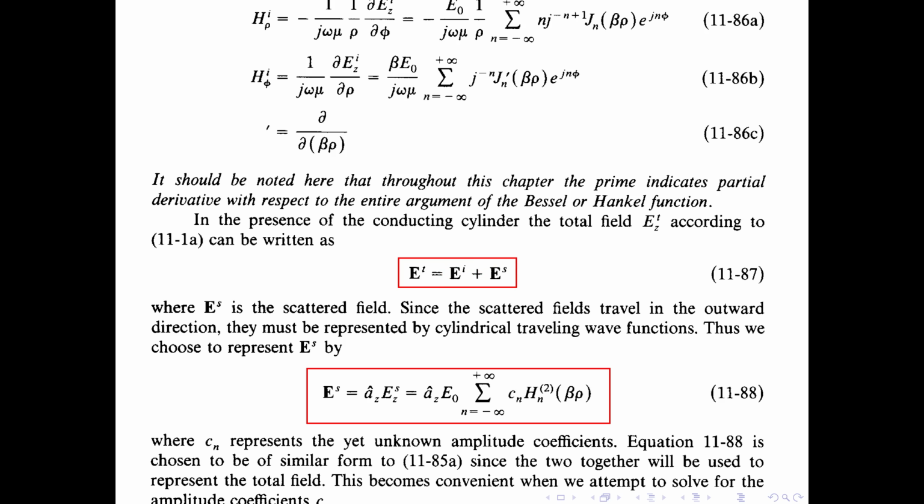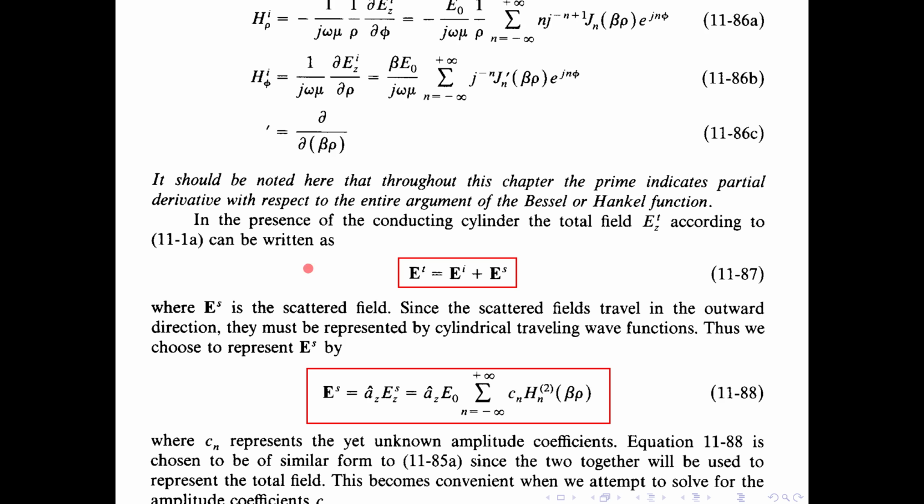In the case of perfectly conducting cylinders like this, the equivalent electric current is the same as the induced electric current on the surface of the cylinder, and the equivalent magnetic current is zero because the tangent component of the electric field is zero due to the boundary condition in a perfect conductor.